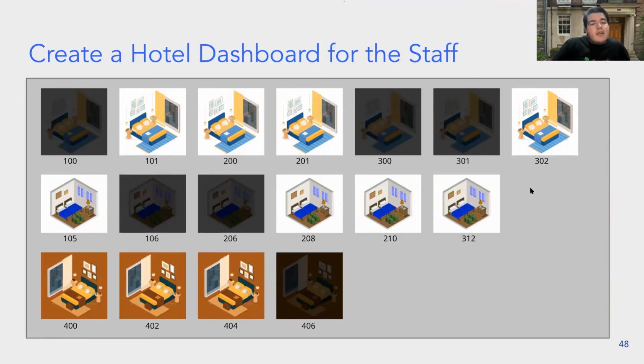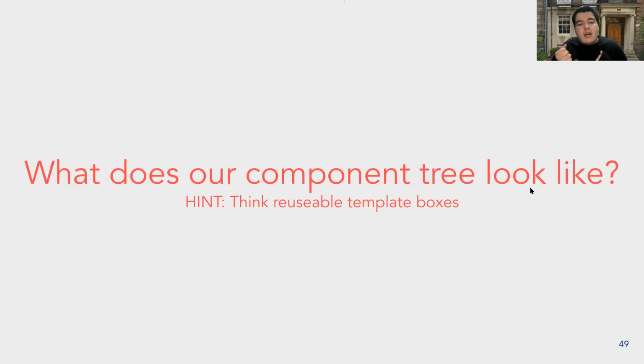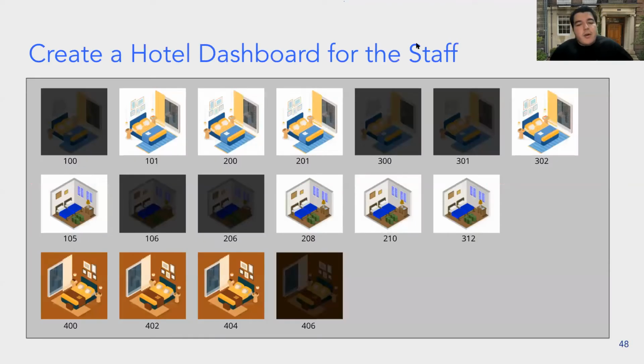So the first thing we want to ask ourselves is what does our componentry look like, right? What are some components that we can create that we can use? So I'll go back and I'll leave this UI up for maybe 30 seconds. So start thinking about what are some reusable components that currently exist in our app that we can reuse. And if you want to put in the Zoom chat or speak up, you're welcome to.